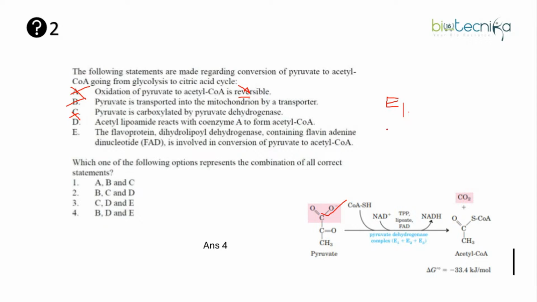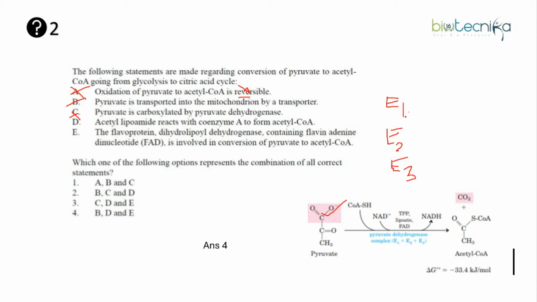It has the second enzyme, E2, which is your dihydrolipoyl transacetylase, and this comes with a covalently bound lipoyl group. And you have the third enzyme, which is dihydrolipoyl dehydrogenase, and this has the cofactors FAD and NAD.